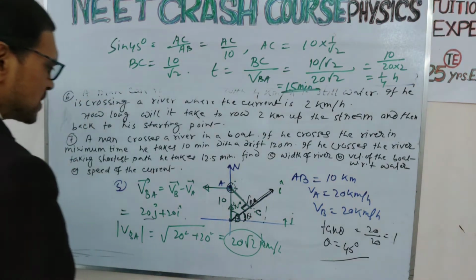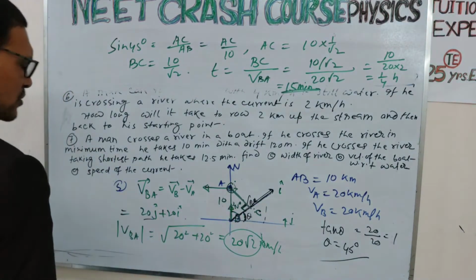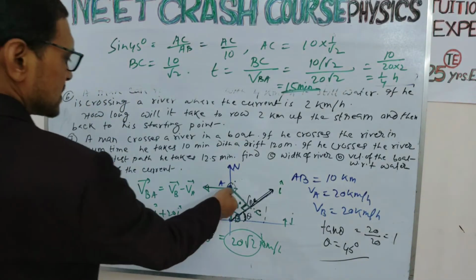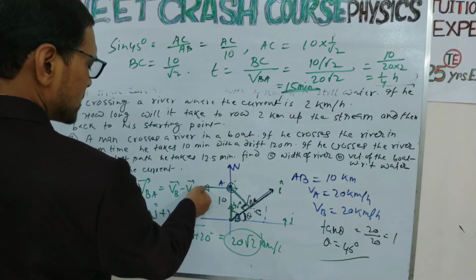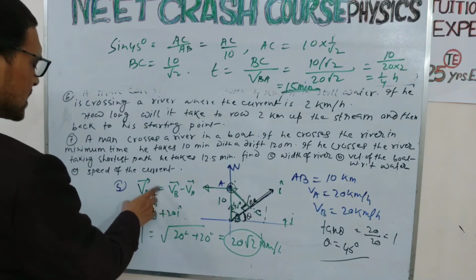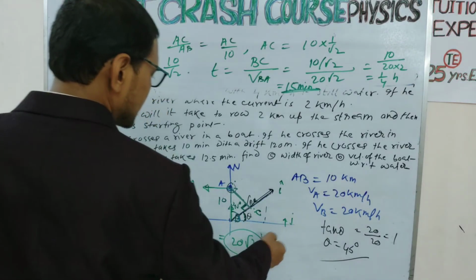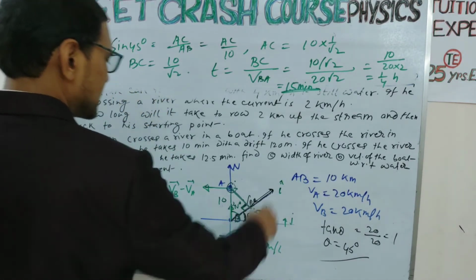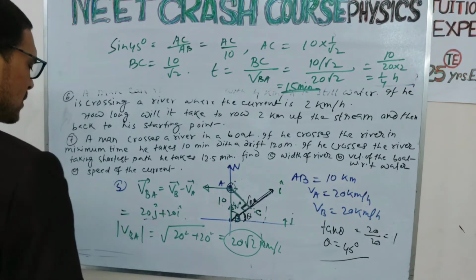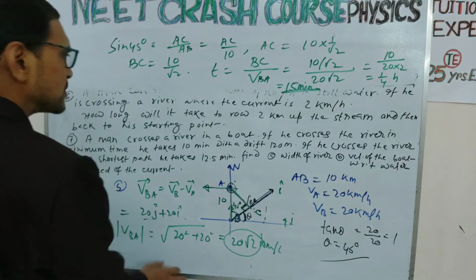Now let me repeat the problem once. First we find VBA, the relative velocity of B with respect to A, from VB and VA. Here these are the velocities VA and VB. If we assign direction I and this is J, then we can assign these velocities and easily measure the relative velocity VBA.